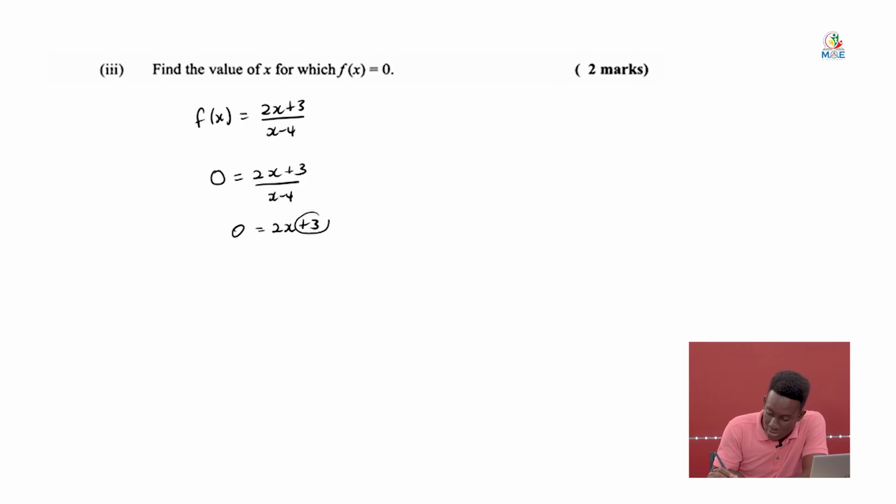So this 3 here is added, when we take it over we subtract, so we'll have 0 minus 3, that would just be negative 3 is equal to 2x. And now this 2 is multiplying, so we take it over, we'll divide, we'll have negative 3 all divided by 2 is equal to x. x is equal to negative 3 over 2. So that would be our value for x.